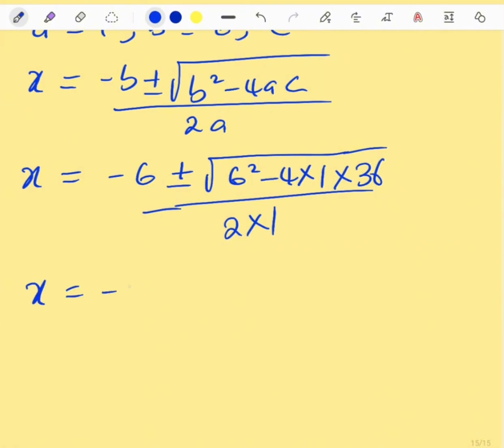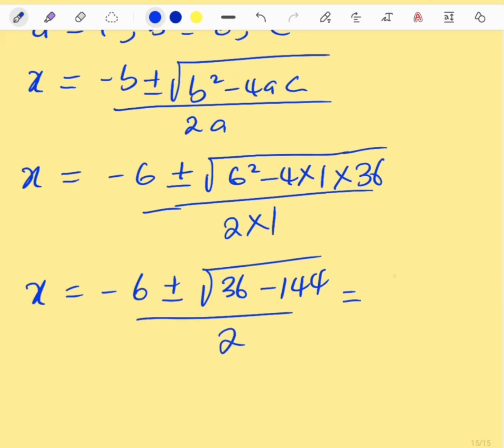So x is equal to minus 6 plus or minus square root of 6 squared, which is 36, and then 4 times 36 will give us 144, all over 2. So this becomes minus 6 plus or minus square root of 36 minus 144, which gives us minus 108, all over 2. So this is a complex root, an imaginary root.